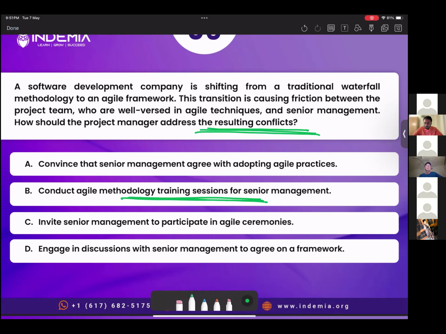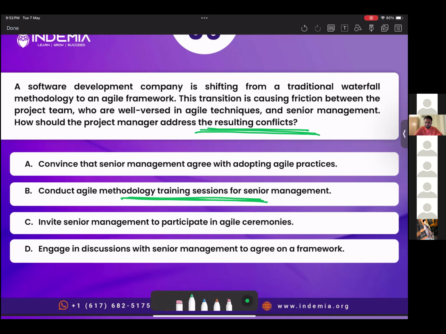Jashri, you have chosen option D. So I chose B first, conducting agile methodology training sessions for senior management. But more than that, I thought D would be better because engaging in discussions with senior management to agree on a framework. Though they have shifted from traditional to agile framework, there is still a conflict between the project team and the senior management.